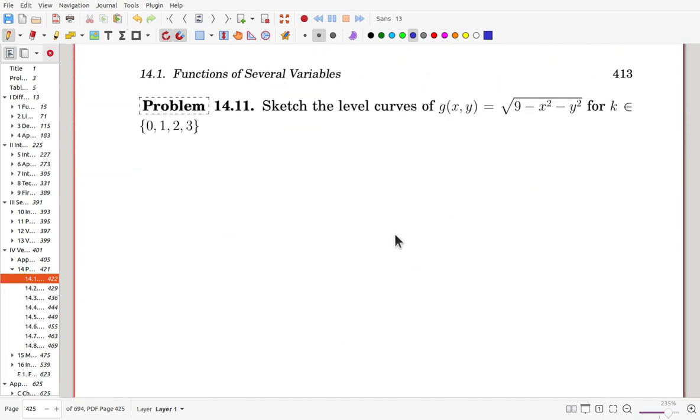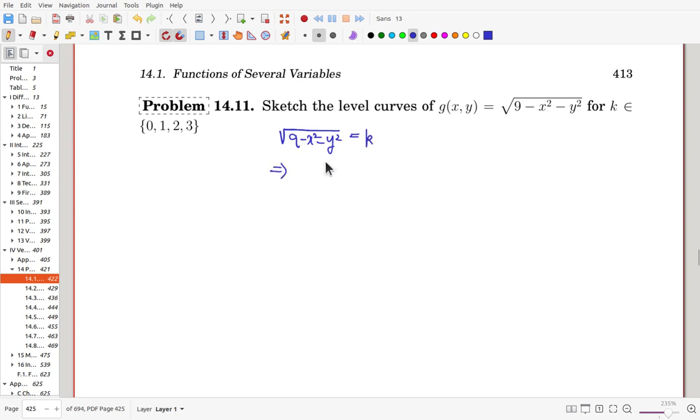Sketch the level curves of g of x, y equals the square root of 9 minus x squared minus y squared. Now we choose k as 0, 1, 2, 3. From the definition, that is the square root of 9 minus x squared minus y squared, which is k.